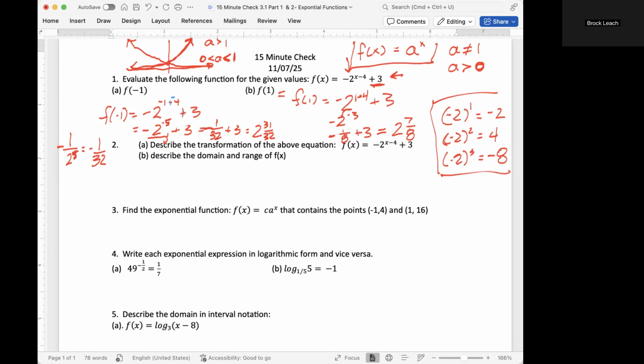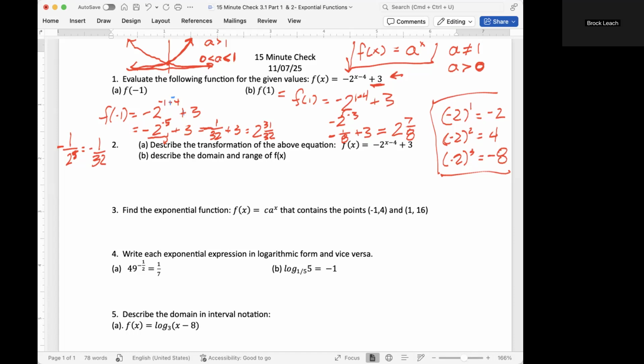If we add 3, it adds 3 to whatever value we just got out of the exponential part. But when we're subtracting 4 from x, it actually has the opposite effect on our graph. That moves it to the right 4 units, and then it moves everything up by 3.